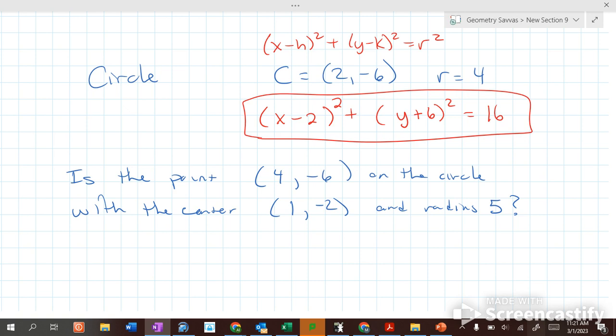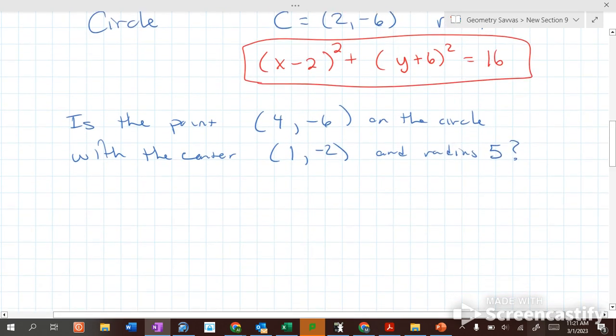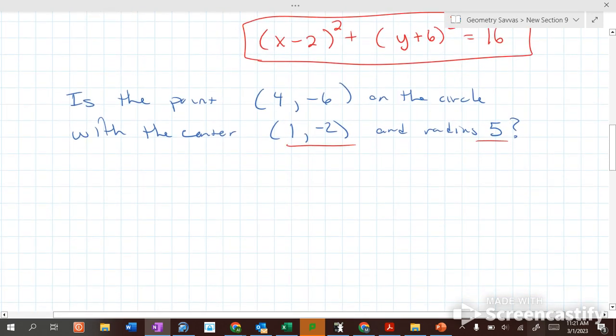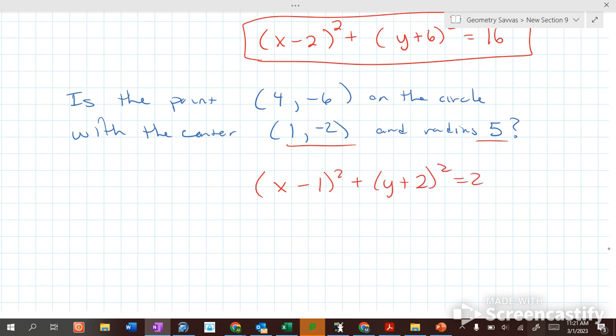Is the point 4, negative 6 on the circle that has the center of this and a radius of this? Well, first write down the circle formula. So x minus 1 squared plus y plus 2 squared equals 25. Then you stick the 4 in here and the negative 6 in here, the x in for the x, the y in for the y.